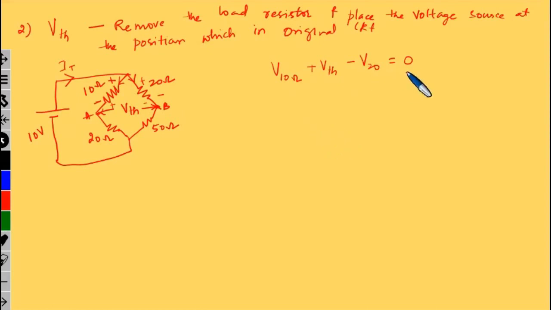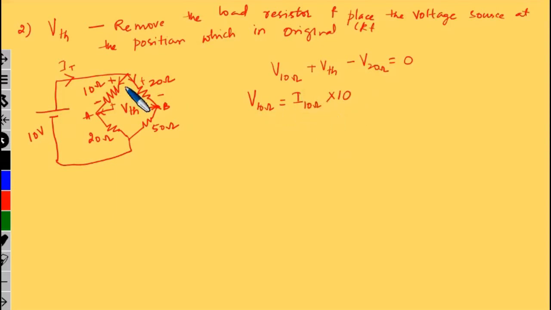From this we can find the V Thevenin value. That means we need to find V10 ohm and V20 ohm. How to find V10 and V20? V10 ohm is nothing but the current flowing through the 10 ohm into the value of the resistor.